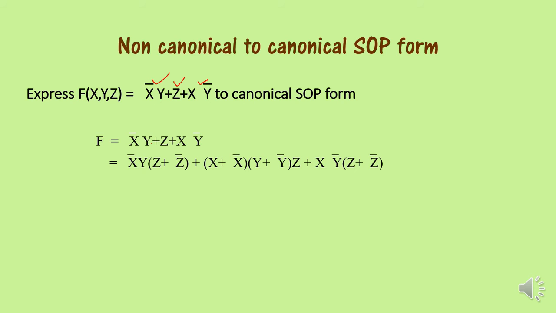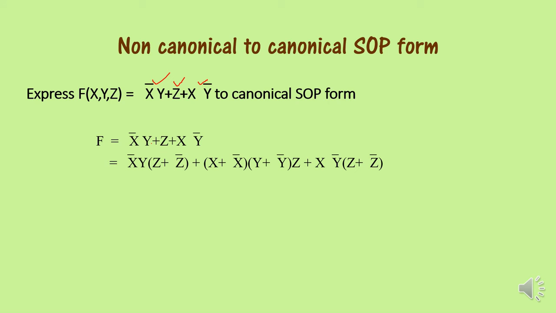Because the z term is missing here, and we know in the Boolean postulate that x plus x bar equals 1, y plus y bar equals 1, and z plus z bar is also 1. In the Boolean postulate we already discussed this topic. So here we write z plus z bar because the z term is missing.